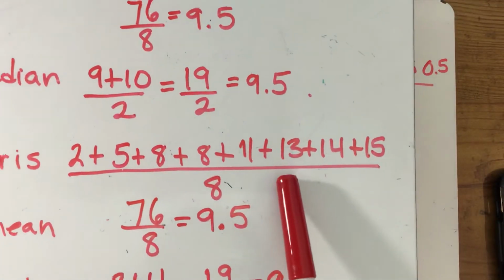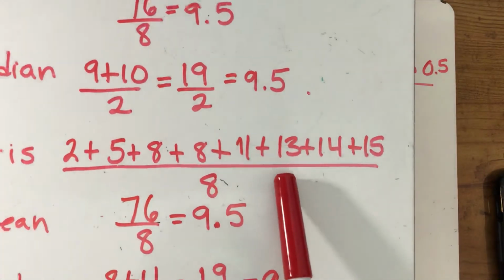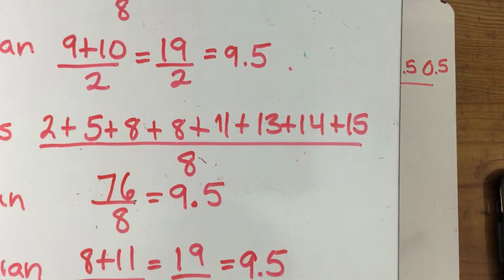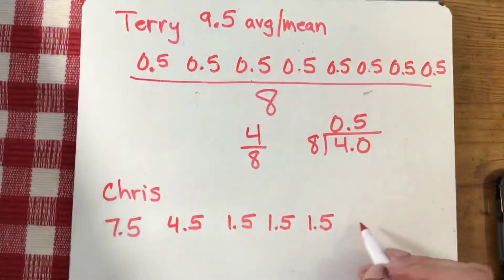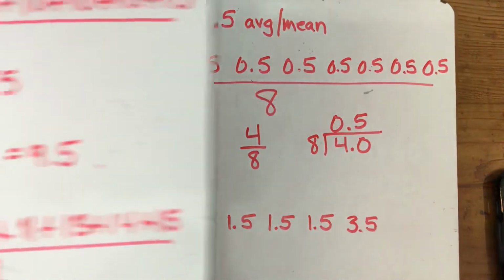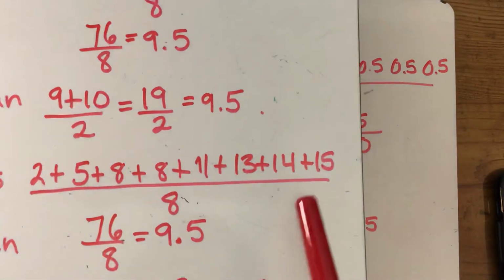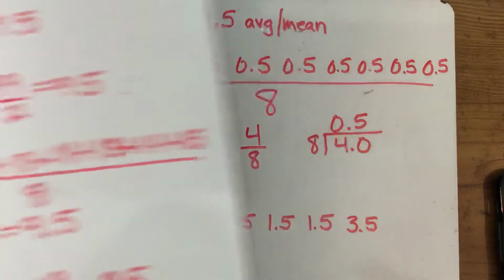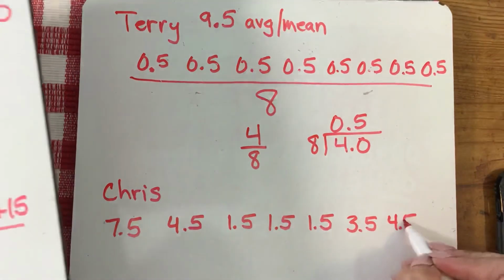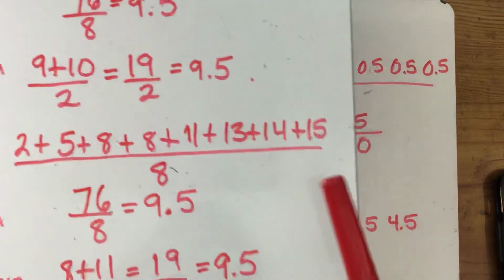And 13. Okay, that one's going to be a lot higher. So that's 3.5, I think. Yeah. And then for 14, you're going to have 4.5. And finally, 5.5.